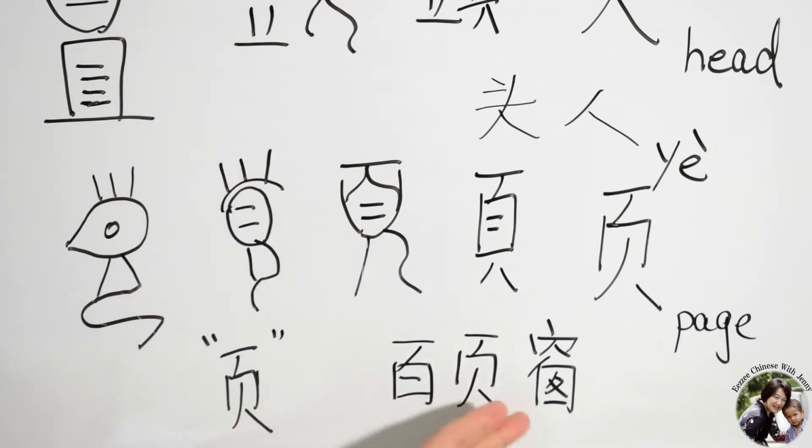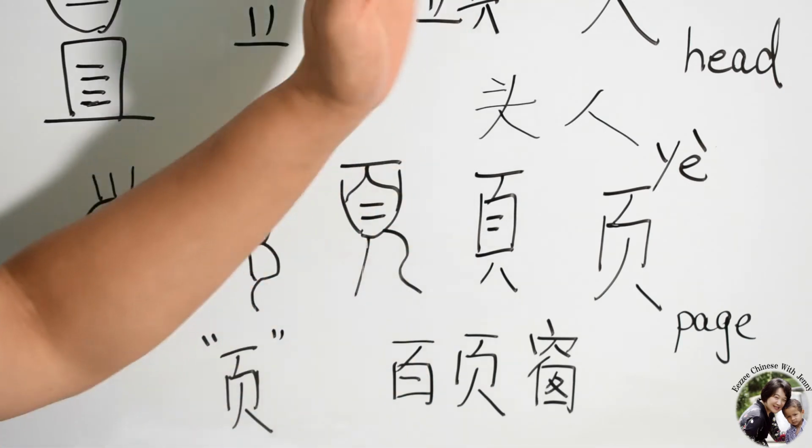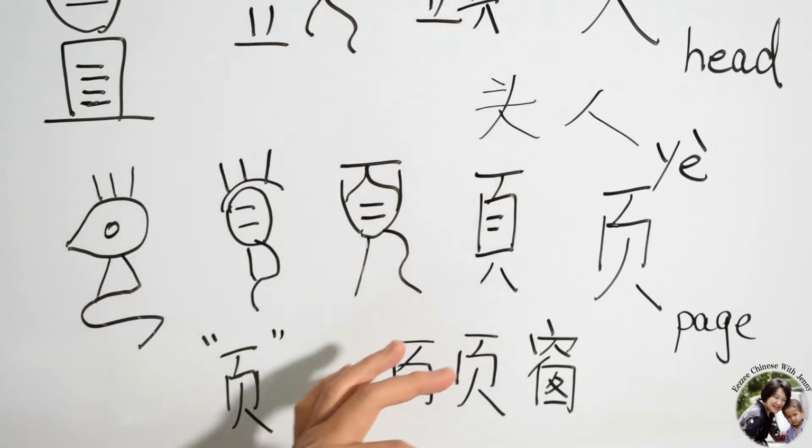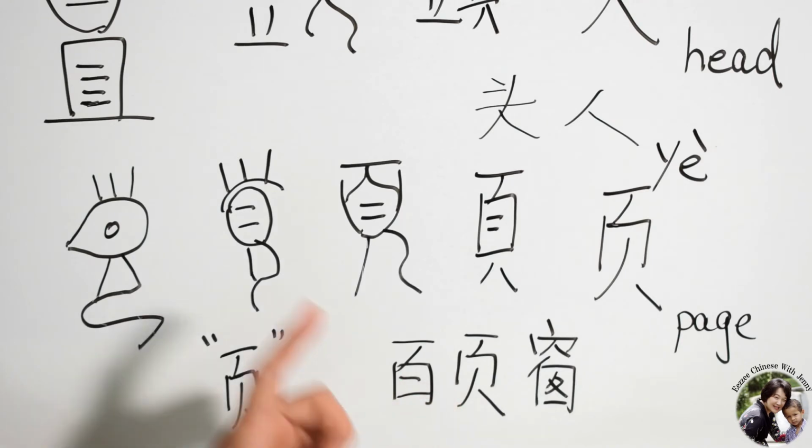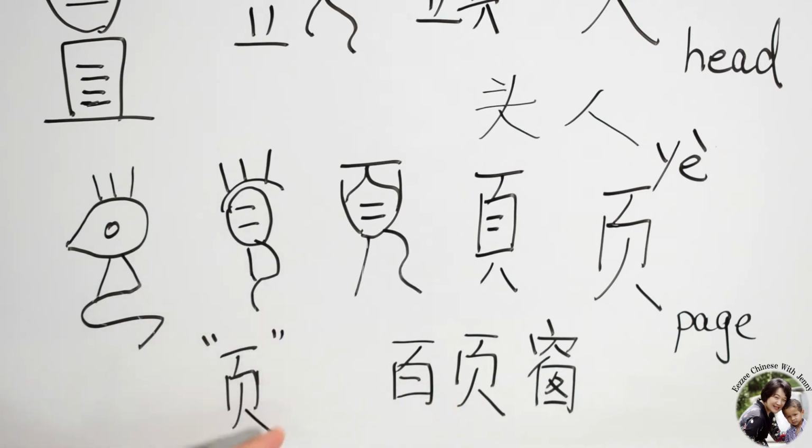These 3 characters together mean, you know, this blind, you can push it up, and there are many layers. So currently this itself does not have any meaning of the head. However, if it is a radical, you can see many characters with this radical are still related to your head.